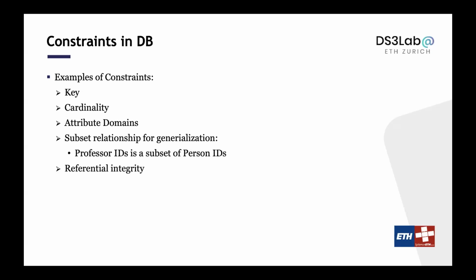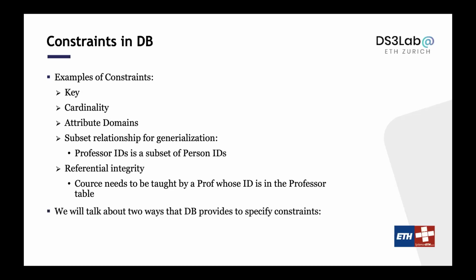And there are referential integrity constraints. For example, I have a course, and it's taught by a professor, and I want to make sure whatever professor ID I put there needs to be a real professor. This type of referential integrity constraint is something that we are really interested in, and in this lecture, we are going to talk about all of this.